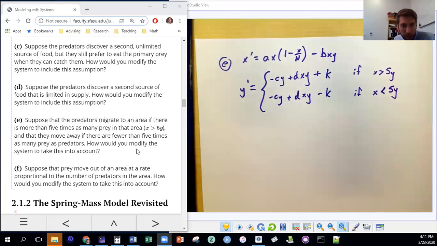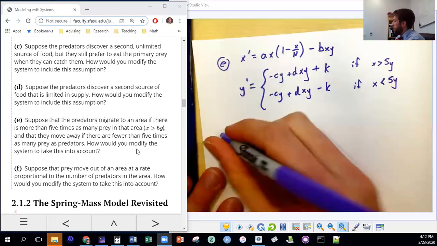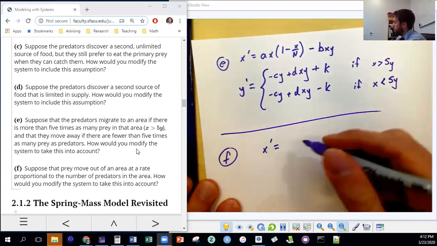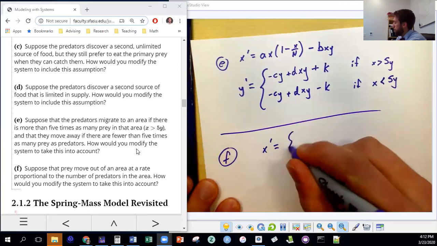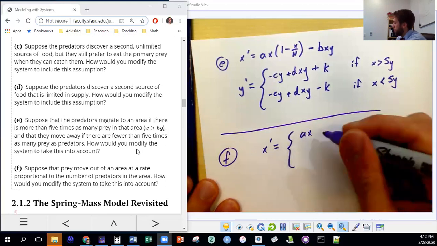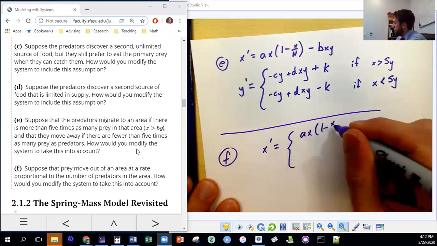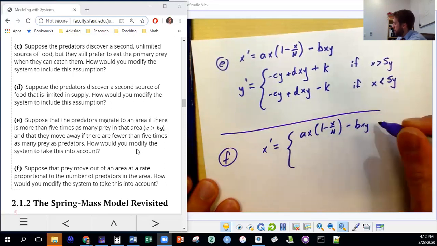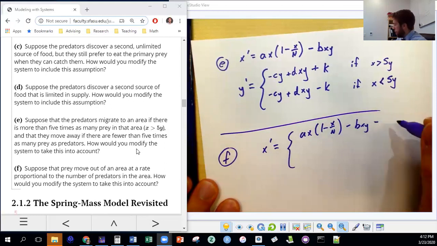F, suppose the prey move out of an area at a rate proportional to the number of predators in the area. How would you modify it to take this into account? Well, now I've got x prime equals ax times 1 minus x over n minus bxy, and then minus what, L?